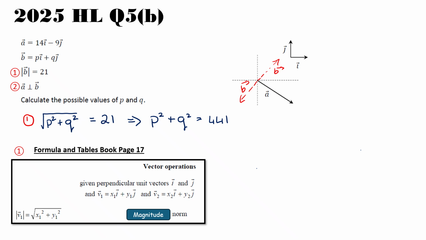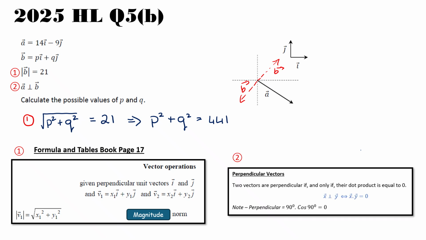The second thing we're told is A is perpendicular to B. Now, when we talk about perpendicular vectors, again, we can go to our log table and look at the angle between two vectors and talk about that angle being 90 degrees if they're perpendicular and so on. But it's really, really important that you have this nice and quickly. If we have perpendicular vectors, their dot product equals 0.